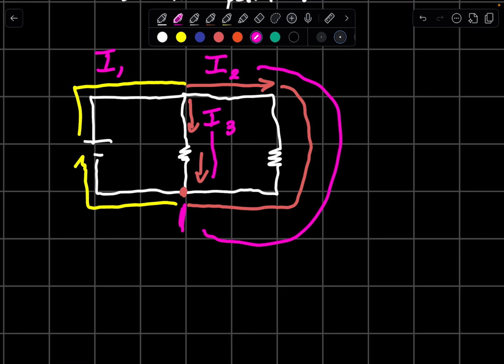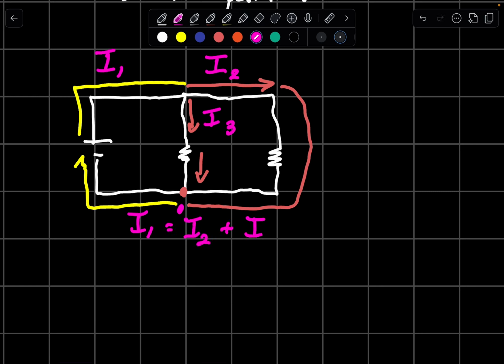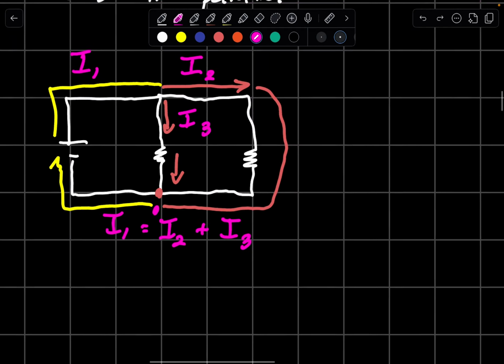And it forms I1 again. So what does that mean? Just logically, that means that I1 is the sum of I2 and I3, because I2 and I3 came from I1 splitting up, and I1 is formed again once I2 and I3 come back together. You see what I'm saying?